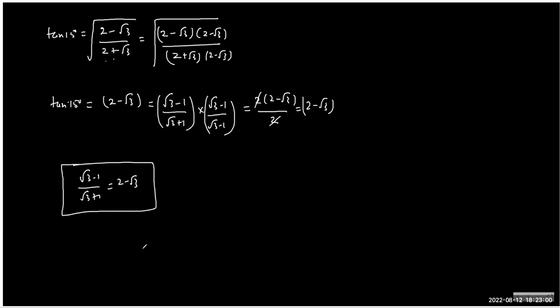And you are supposed to rationalize. To get rid of this, we use a simple trick: a minus b into a plus b is a square minus b square. The moment you square any number it is rational, so the root will vanish, and the difference of two rational numbers will be rational. Are you getting it? Yes or no? Yes, sir.